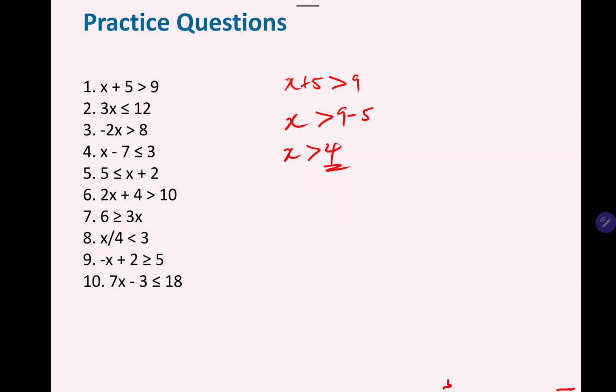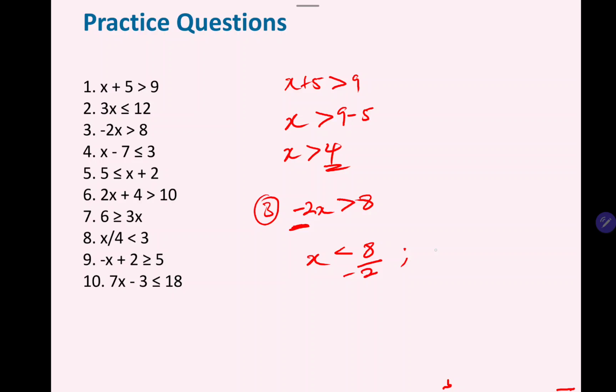We look at number 3. Minus 2x is greater than 8. Because this is a negative integer, we then divide by minus 2 and we flip the sign. We reverse the sign. So this will now be the same thing as x is less than 8 over minus 2.